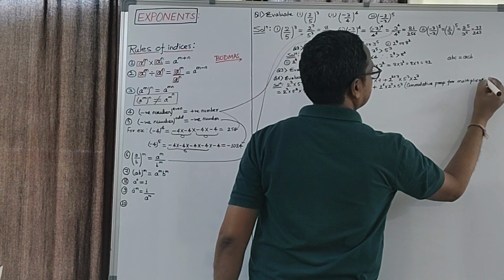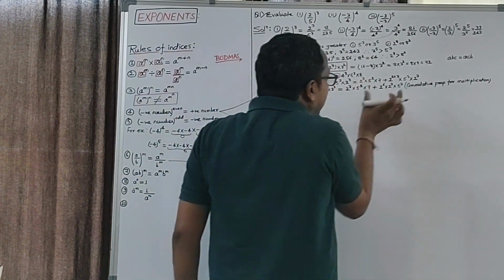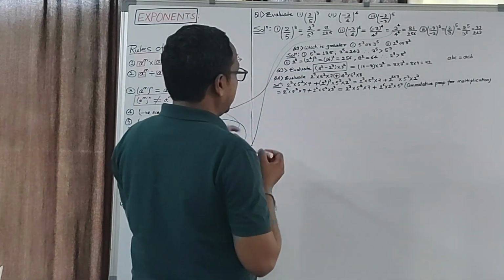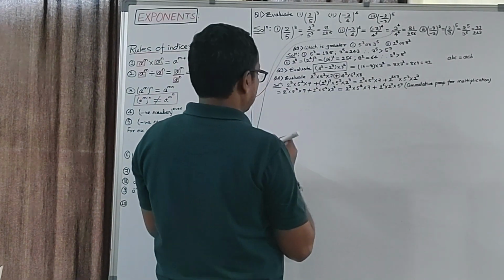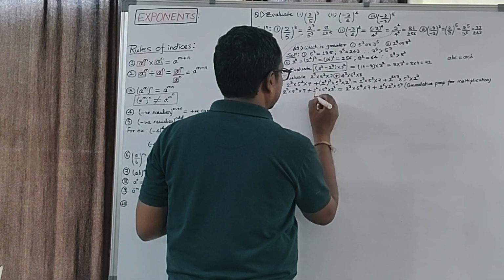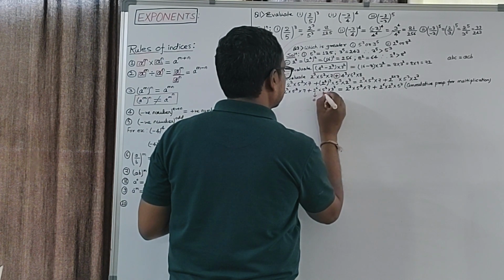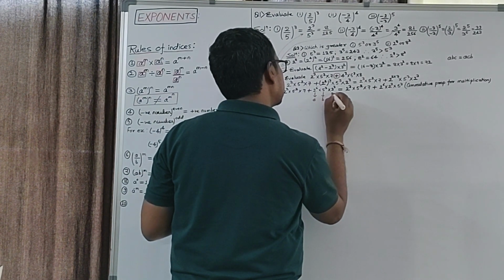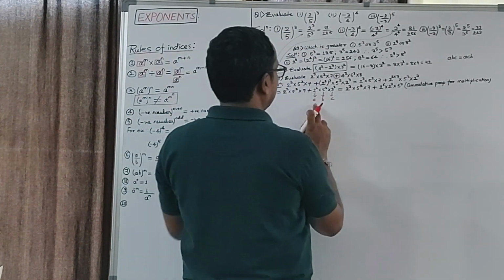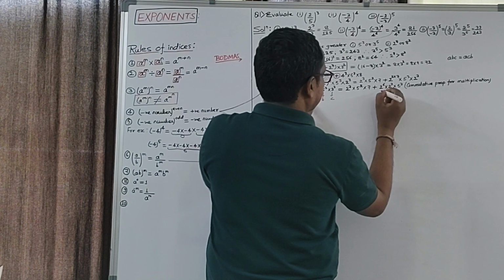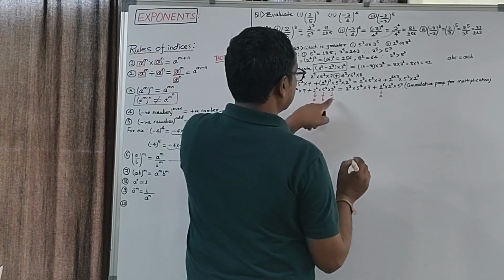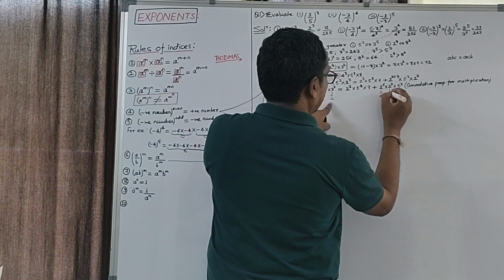We have used here, how we changed this one. This is A, right? This is B, this is C. Let me make it A, this is B, this is C. So it is A, B, C. Now what have we made? A as it is, and 2 to the power 3 was C. So we brought it before.